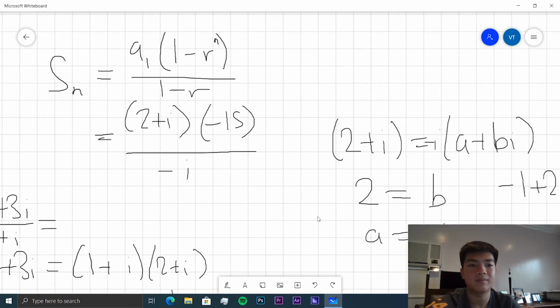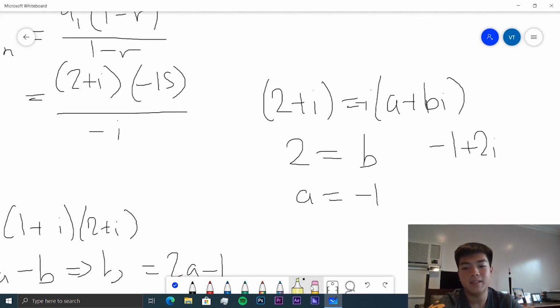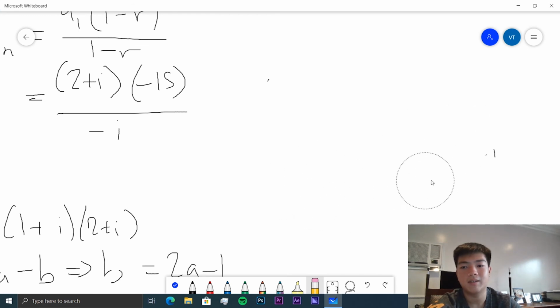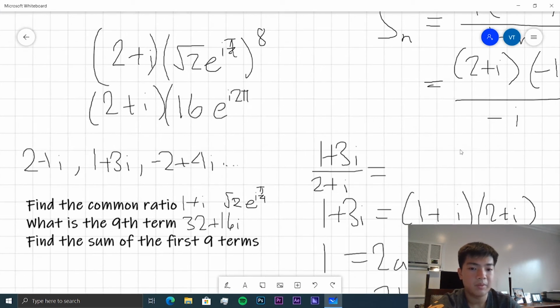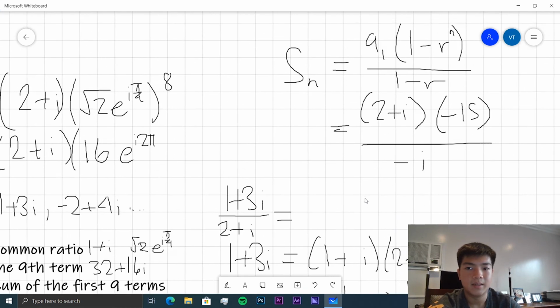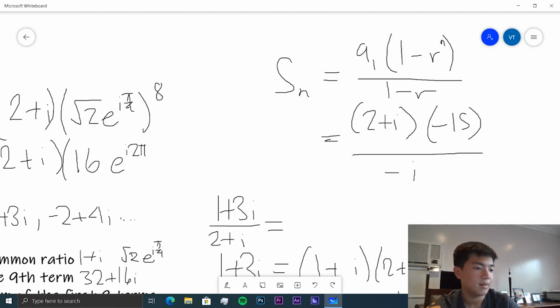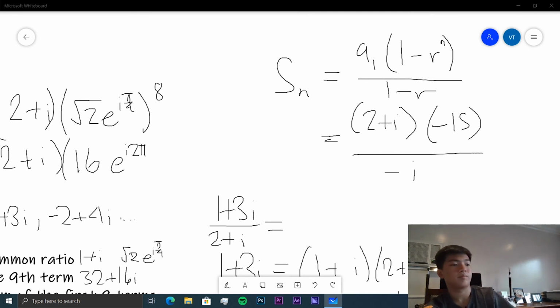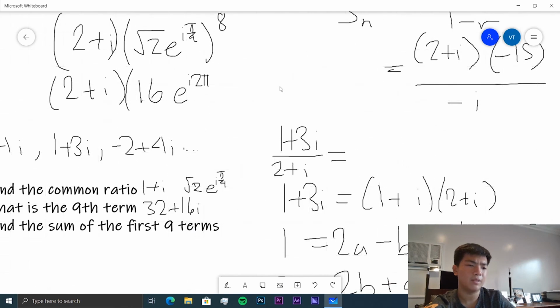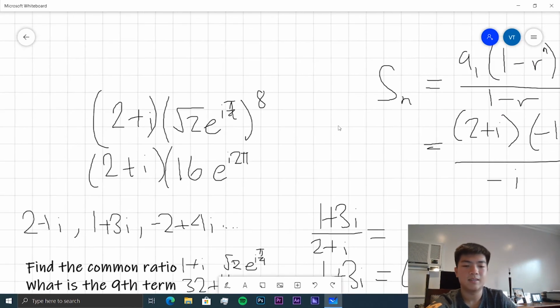Hold on, I think something's wrong. A1, so the first term, times 1 to the n over 1 minus r. The common ratio is 1 plus i, 1 minus r to the n. Oh, maybe it is 1 to the 9 actually. Me being silly. Okay.